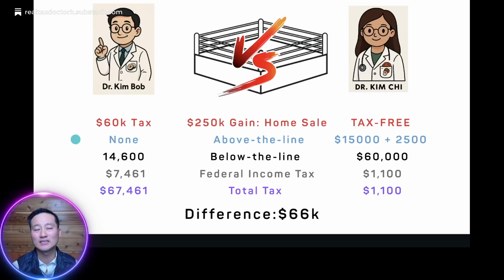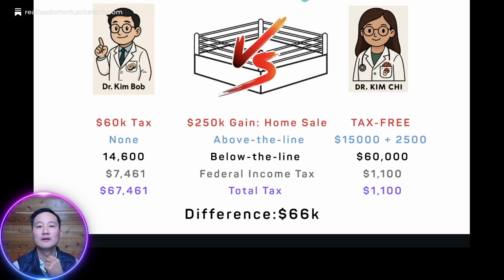With no tax planning in place, he had no above the line deduction. His only below the line deduction was the standard deduction, which was $14,600, the minimum that a single person gets. As a result, the tax bill on his income was $7,500. In total, he paid nearly $68,000 in taxes.